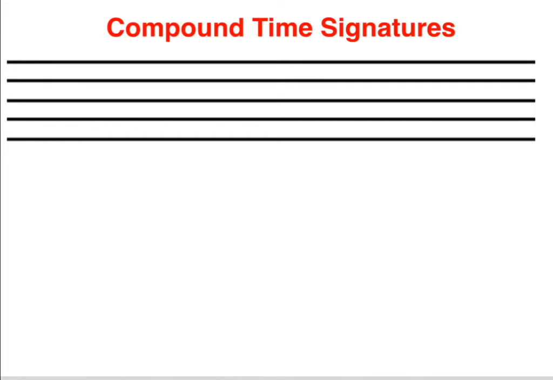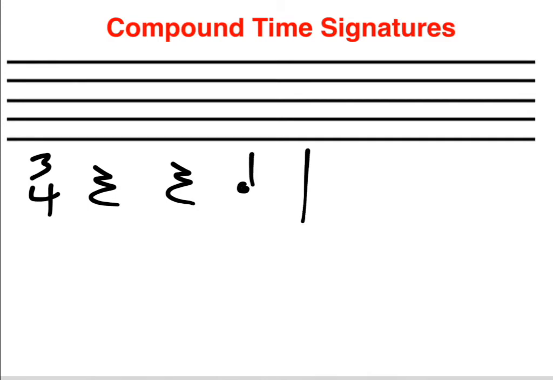So just like in simple time, every new beat in a silence needs a new rest. So in 3/4, every new beat that's silent needs a new rest. If you wanted the first 2 beats to be silent, that's how you would do it. You would never do it this way. I think we've looked at this before. So that's correct and that's wrong.